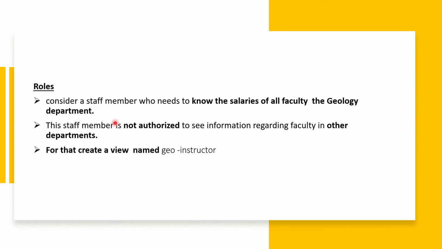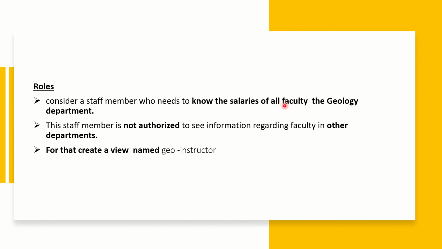Suppose you have a table called the department table. We already considered that example, and we know that the department table contains, sorry, not department, the instructor table. The instructor table contains all the information about the instructors from various departments. Suppose we have a particular person inside the college, let it be a clerk or someone.